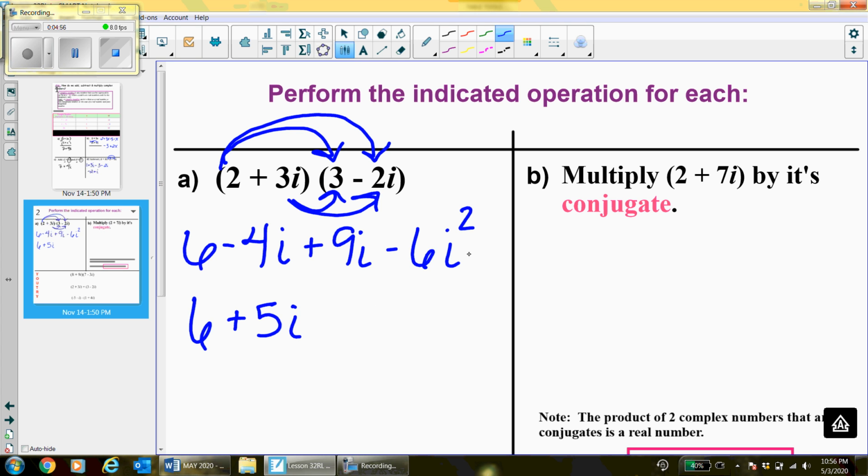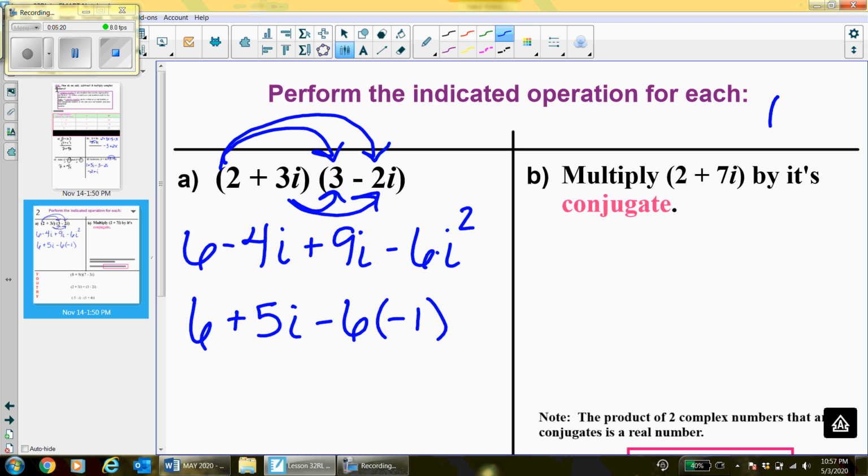Now this negative 6i squared breaks down to something else. Remember, i squared is equal to -1. I'm going to break this down in 2 lines because I want you to see everything that I'm doing. I'm going to bring down that -6, but since this is being multiplied, that's really -6 times -1.